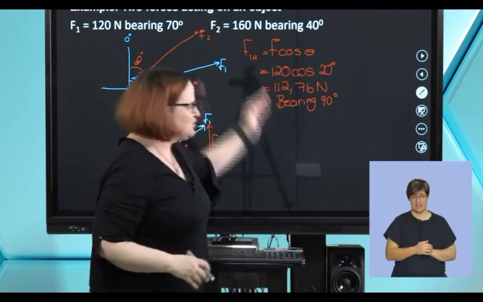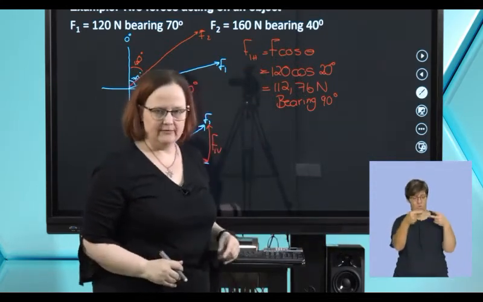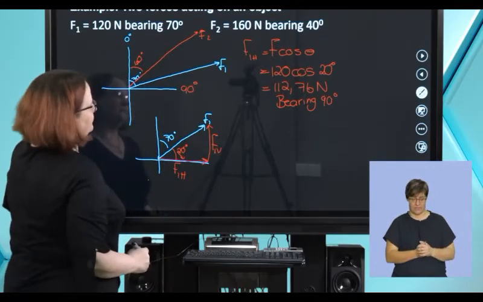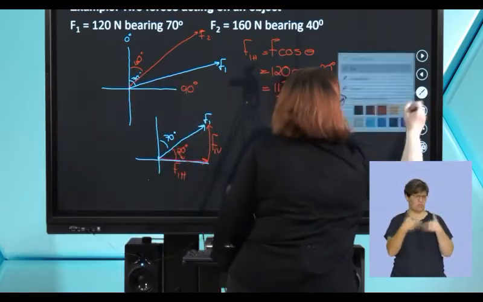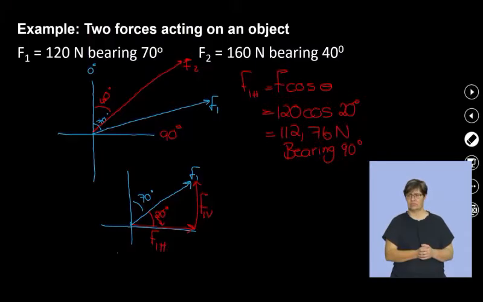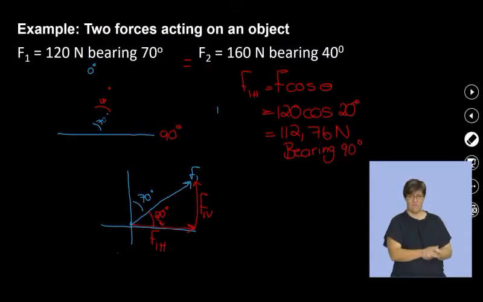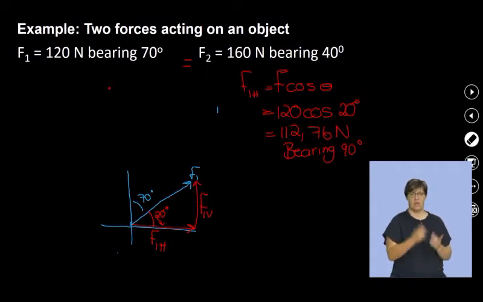I've got to keep track of all the directions, okay? I'm not sure why that ended up on this side, but it's all right. We'll go with it. What I'm going to quickly do is take this out so that I can do the vertical here.